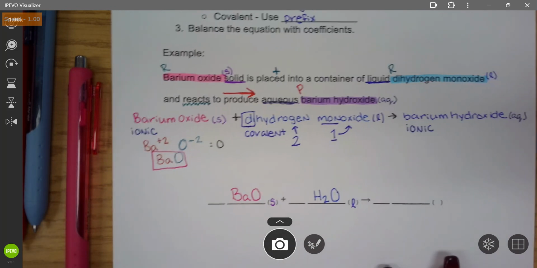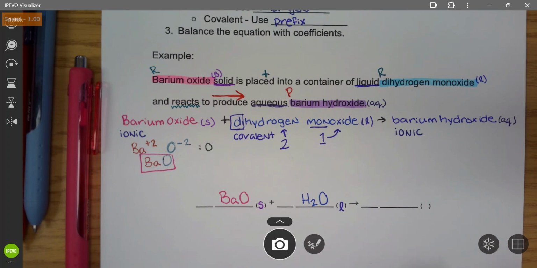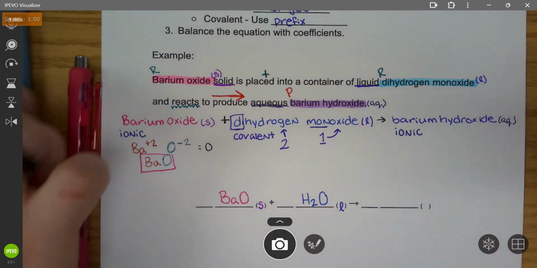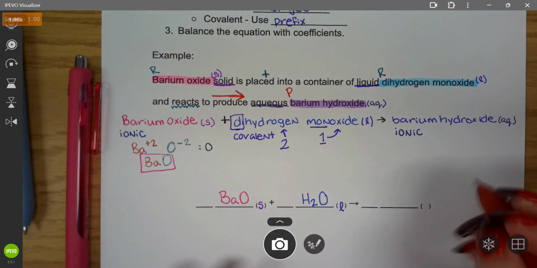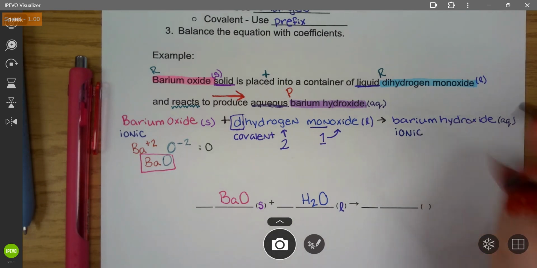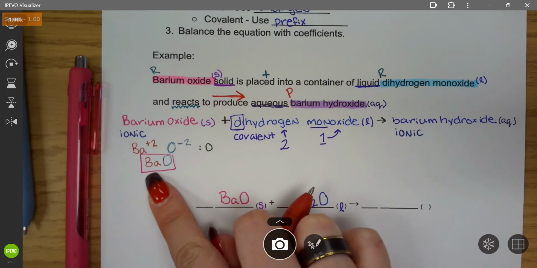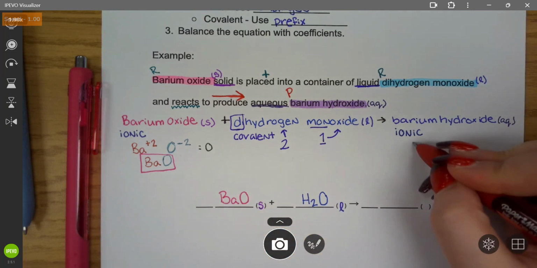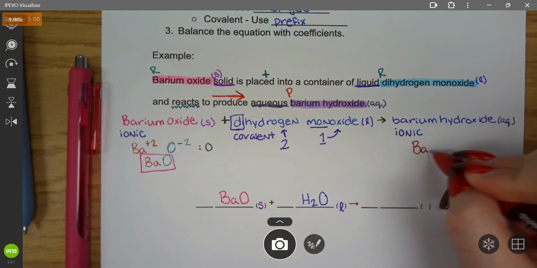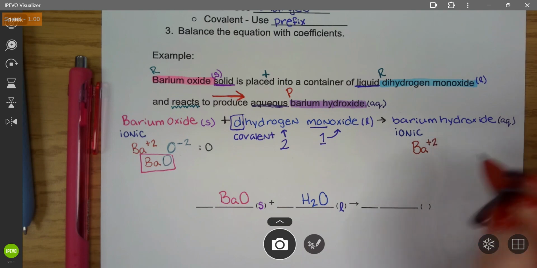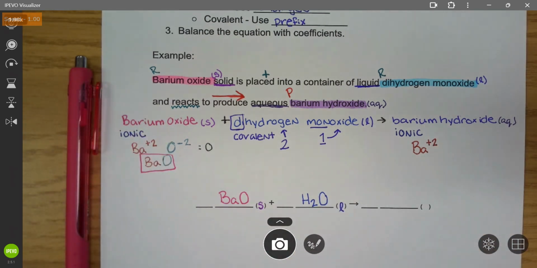And then finally, we have barium hydroxide, which is another ionic compound. So if you want to go ahead and practice balancing this one, now would be the time. I'm going to walk through this. Luckily, we've already identified what the charge on barium is. It's +2. The nice thing about doing this is you don't have to look up everything every single time. Once you've found the charge for one element, you're going to use it again.